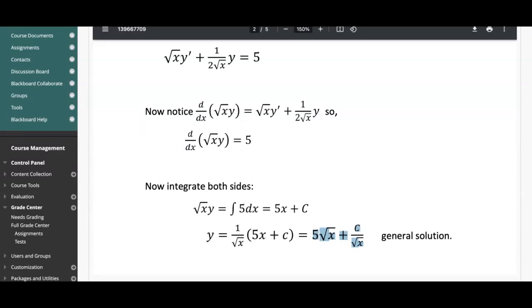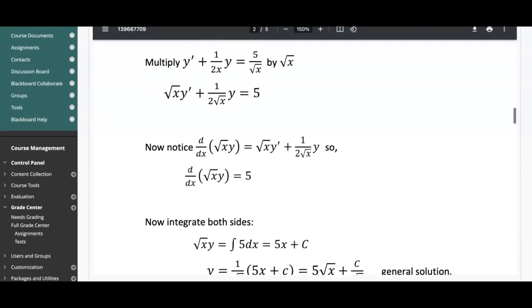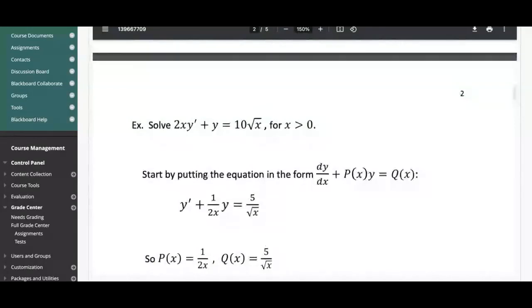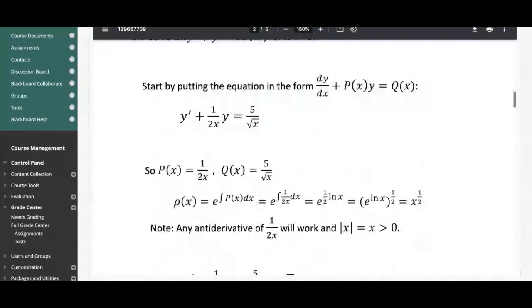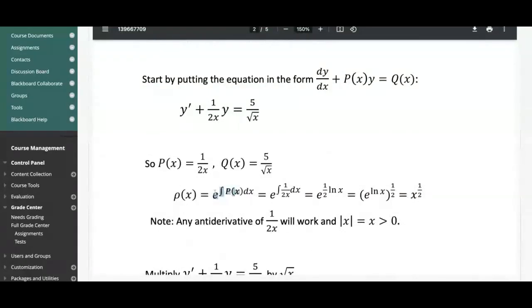Could you derive the integrating factor for us, since it just kind of pops out there? Not the answer, but when you first introduced it as rho of x equals e to the power of the integral of p of x.